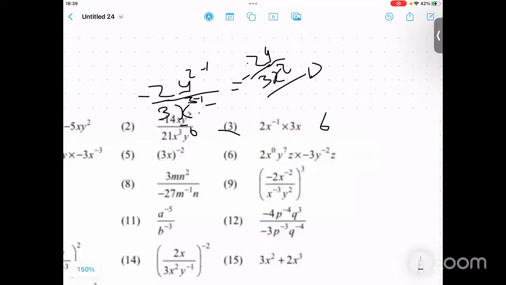How did you work out the exponents? I added them. Okay, and when you added them, how much did you get? I got 0. You got 0. And what's going to be your answer? Positive 6x to the power of 0.